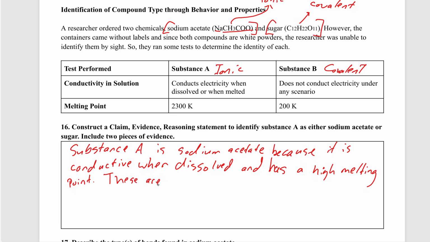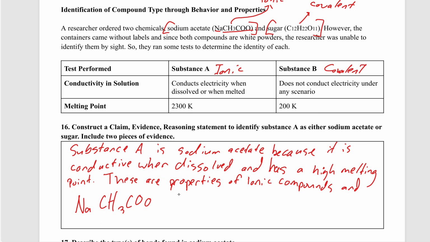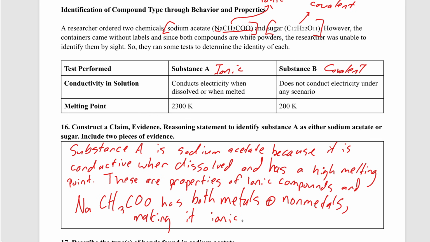These are properties of ionic compounds, and sodium acetate, which is this, has both metals and nonmetals, making it ionic.